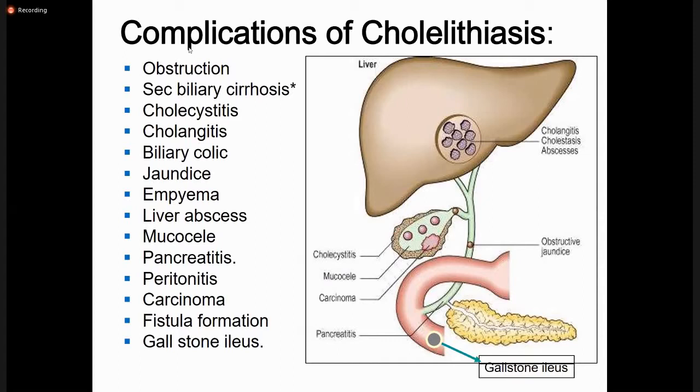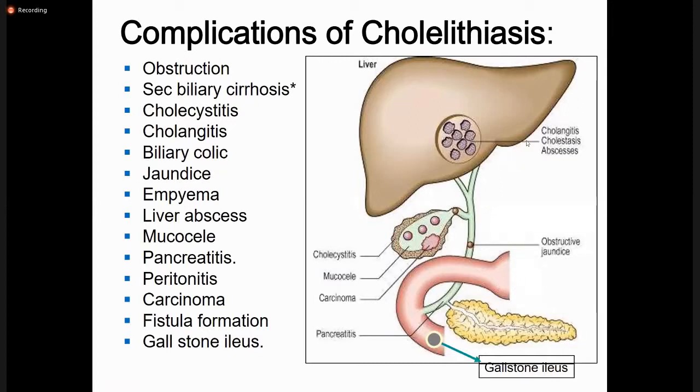Now, what are the complications of cholelithiasis? There are multiple complications, right, from the liver, as we had discussed earlier on. There may be cholangitis.